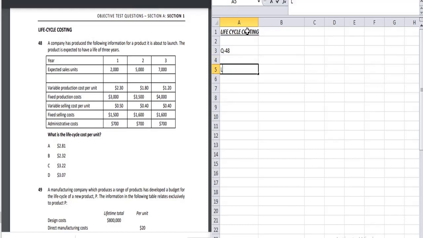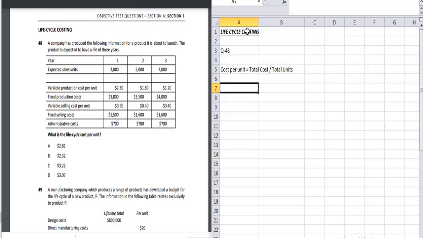So cost per unit equals total cost throughout the life divided by total units.